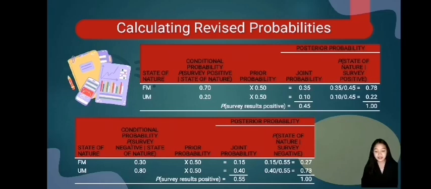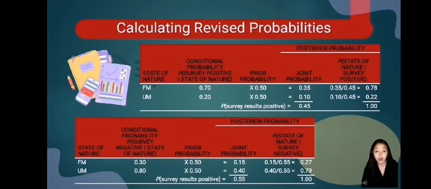As you can see on the table, in order to get the positive posterior probability, we first calculate the joint probability. For the favorable market, we multiply the 0.70 positive conditional probability by the 0.50 prior probability, resulting in a 0.35 joint probability.